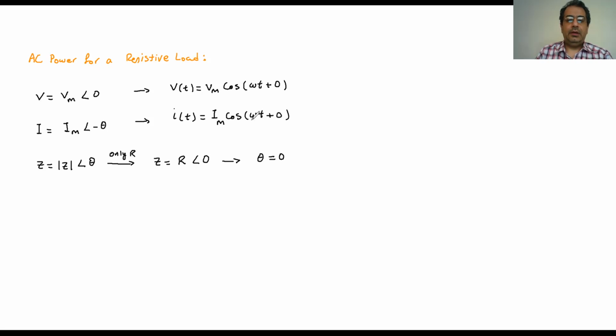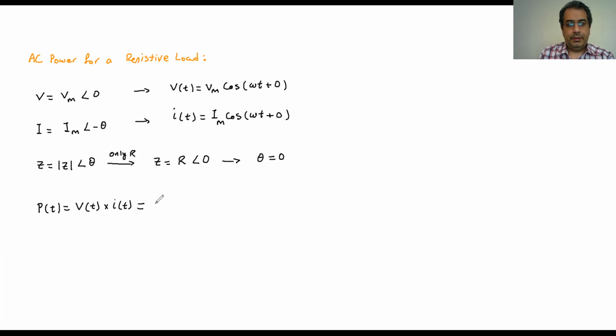Now that I have these two, I can calculate the power P, which is just V of T times I of T. Just multiply these two together.